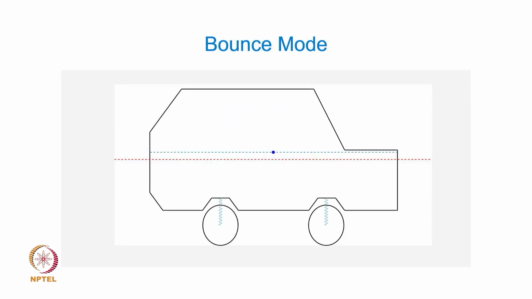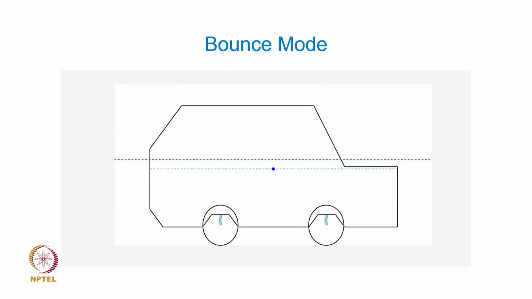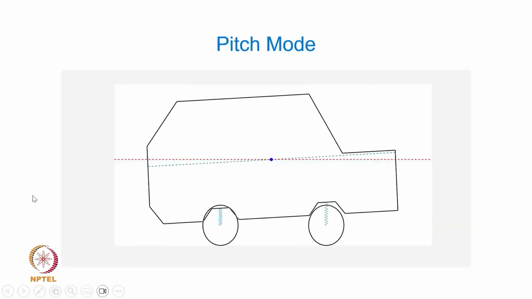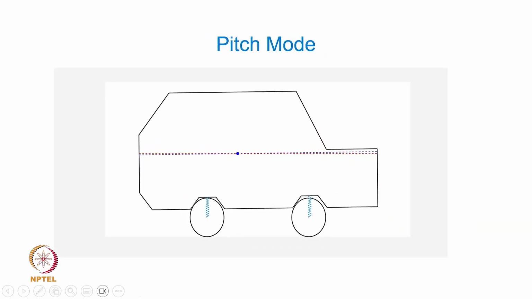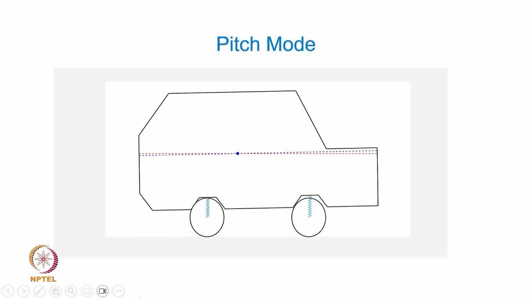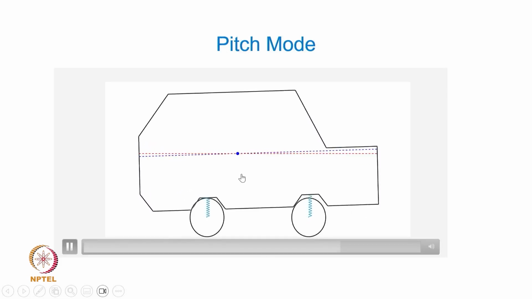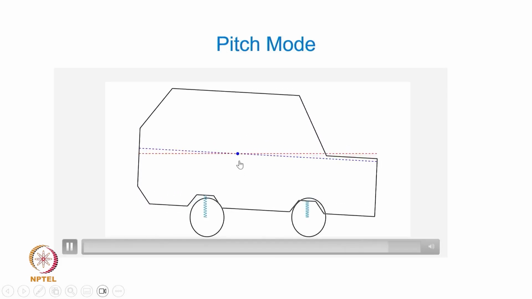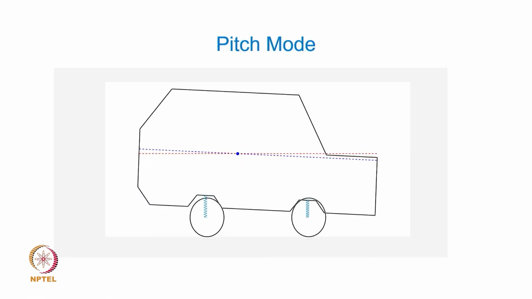We haven't yet come to that, but we will surely figure out how to get that natural frequency expression. But this is basically the pure bounce mode. In the pitch mode, this is how it is going to rock. There is no bounce, so the CG is not going to move up and down. It is all going to be pitching about the CG.